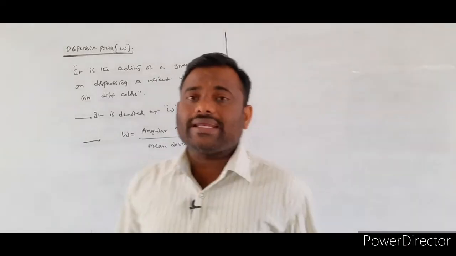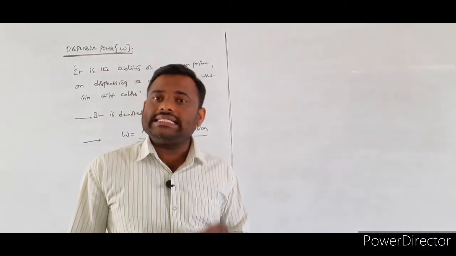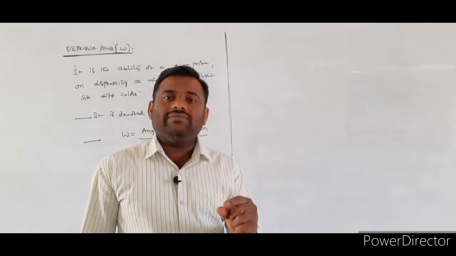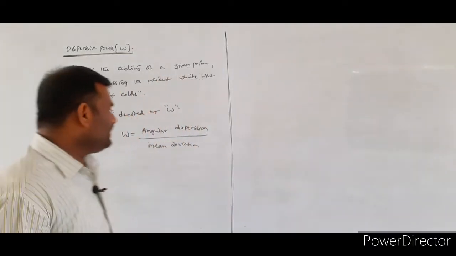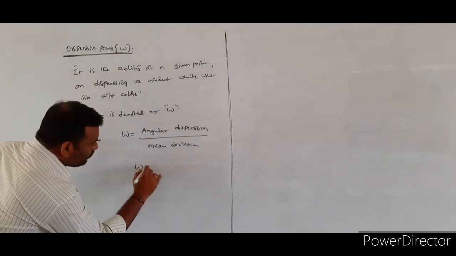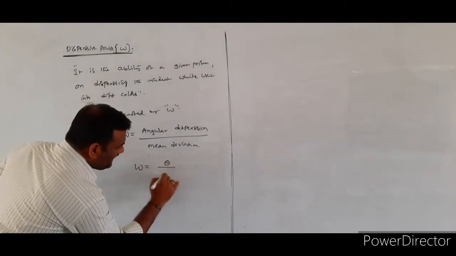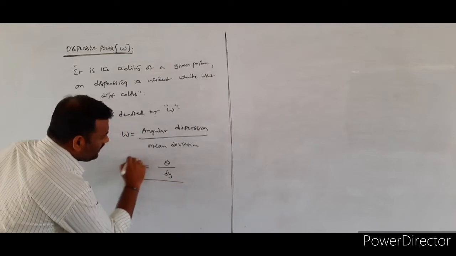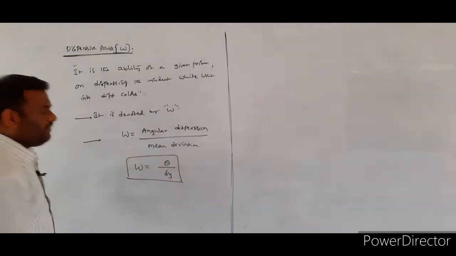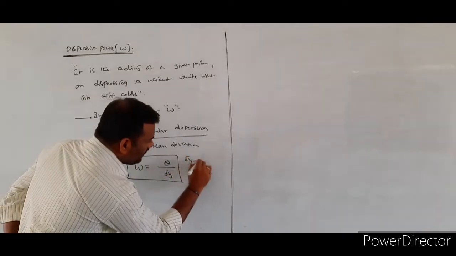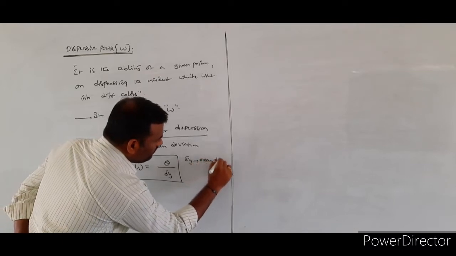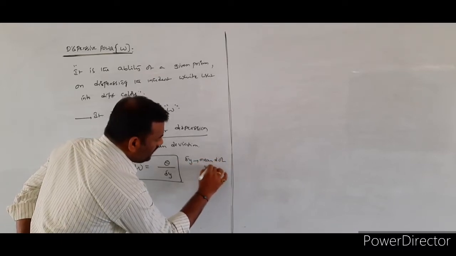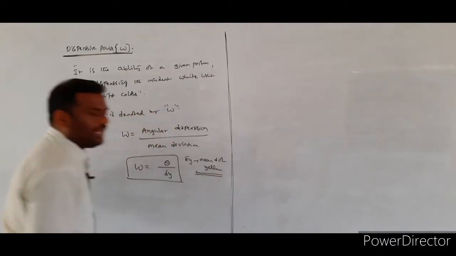Such a ratio we call dispersive power. In the visible spectrum, which color light is taken as the mean color? Yellow color light is taken as the mean color. Therefore, dispersive power omega is equal to theta by delta y, where delta y is the mean deviation of yellow color light.